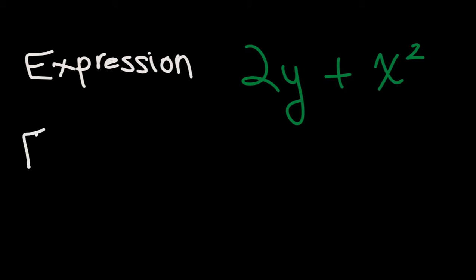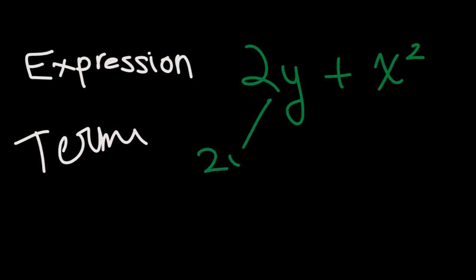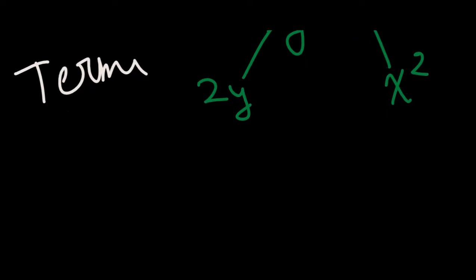Now let's try to divide this expression into terms. What are the terms of this expression? Well, we have 2y, and we also have x squared. Now let's classify these terms into their appropriate factors.